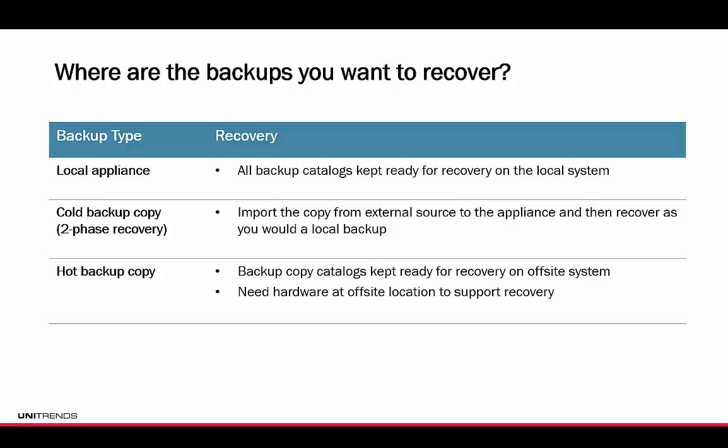Now, you also have the hot backup copy, and that's a backup copy catalog that's kept ready for recovery on the offsite system. On the offsite Unitrends appliance, it's ready for recovery back to the hypervisor. You just need to make sure that you have hardware at the offsite location that supports the recovery of the VM snapshots. You need to be running VMware connected to your target so you can recover the hot backup copy.